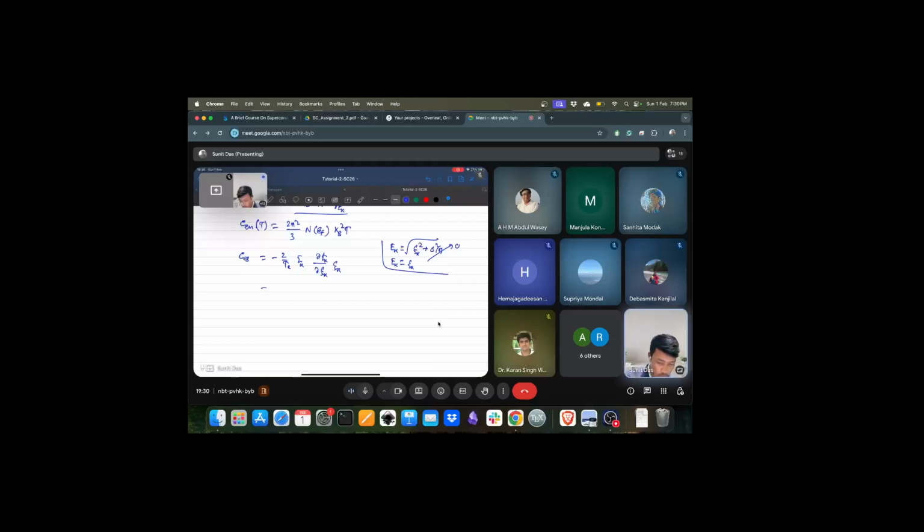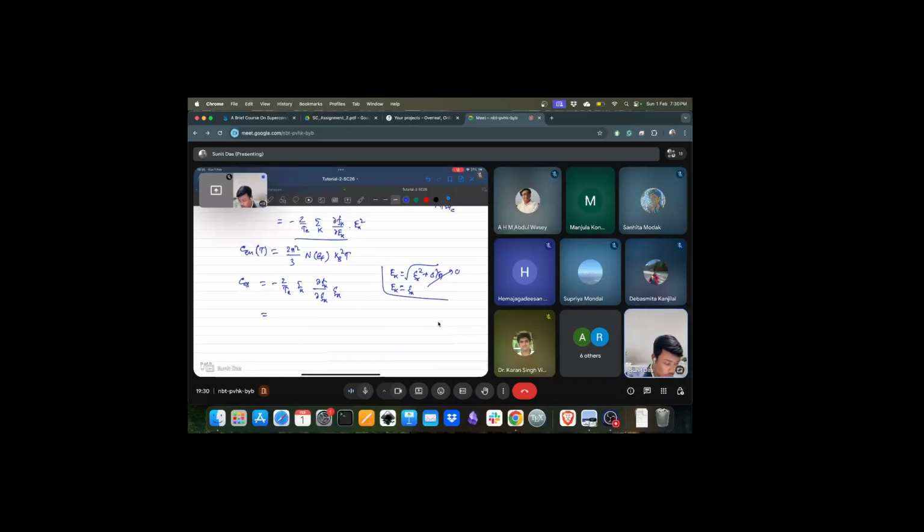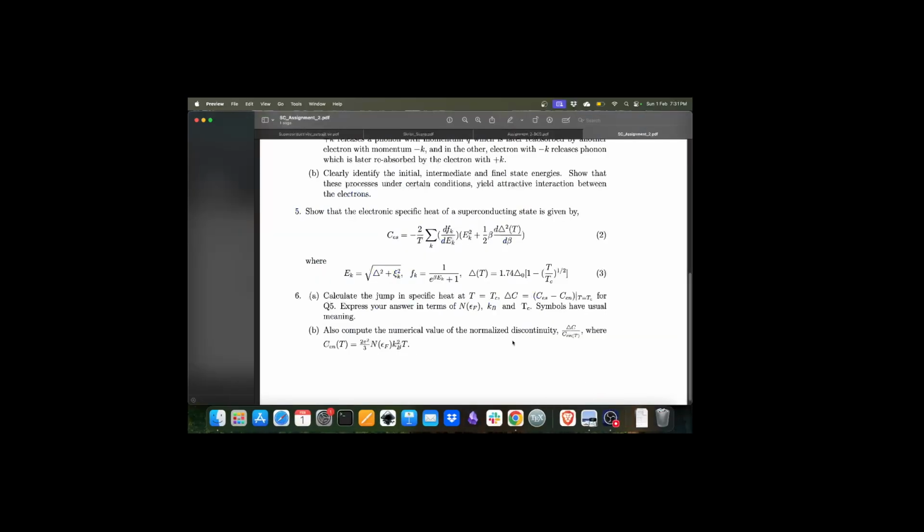Now this particular term, we had a factor in delta. Just let me check the question. Express your answer in terms of n of EF, the number density at Fermi energy.